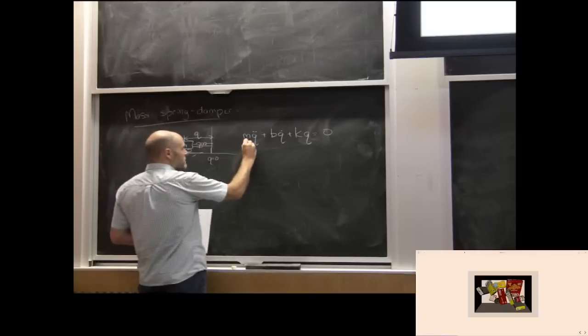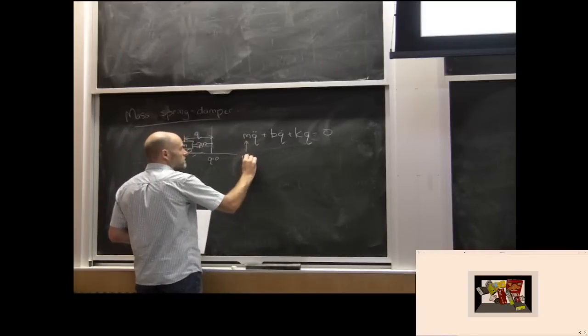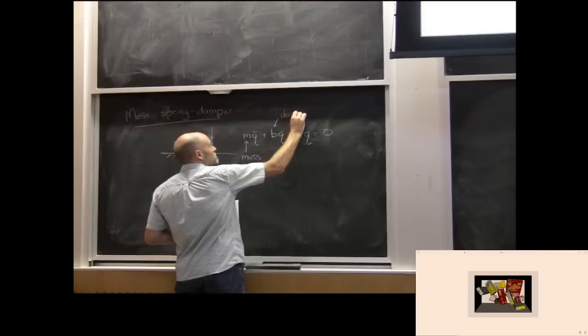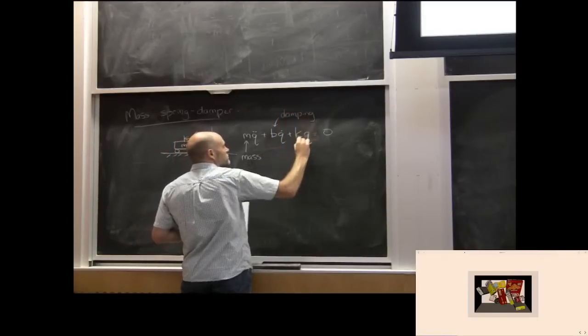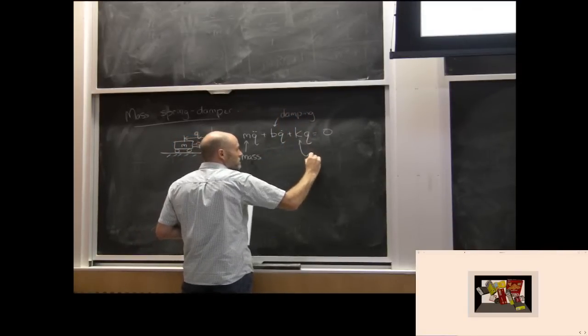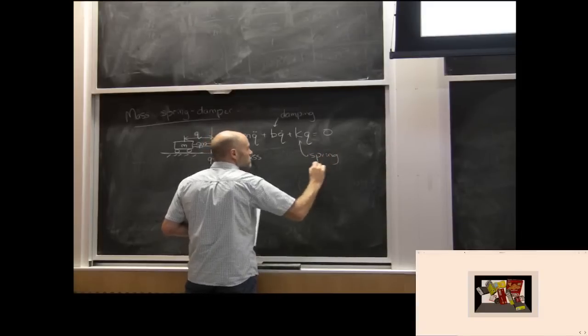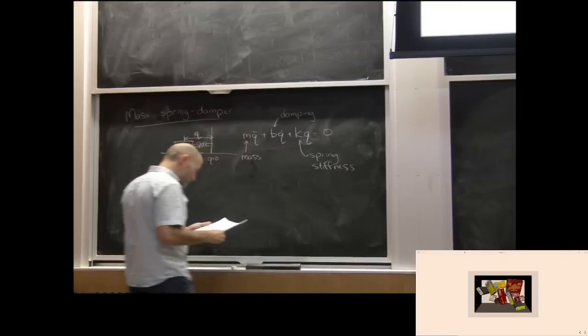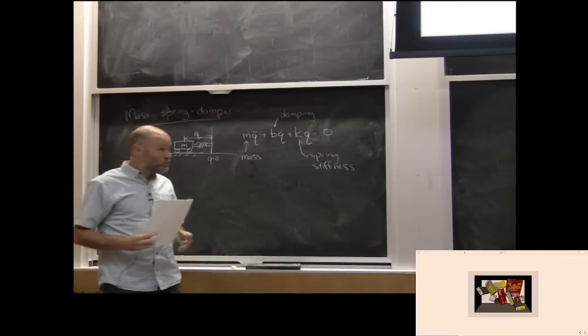Where m is the mass matrix, b is the damping, and k is the spring stiffness.